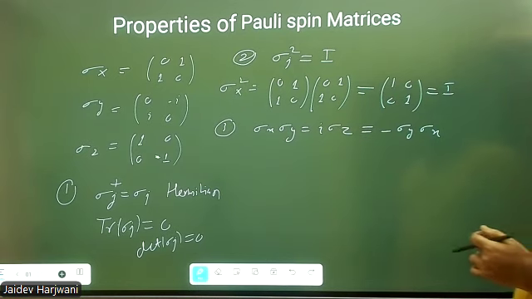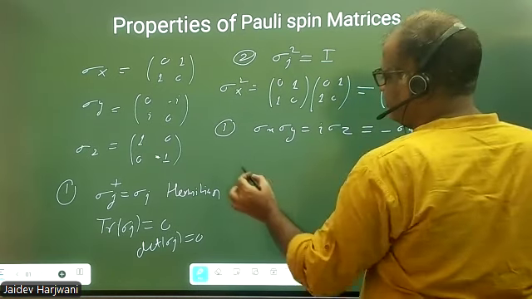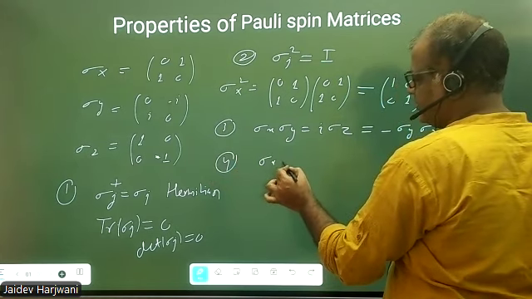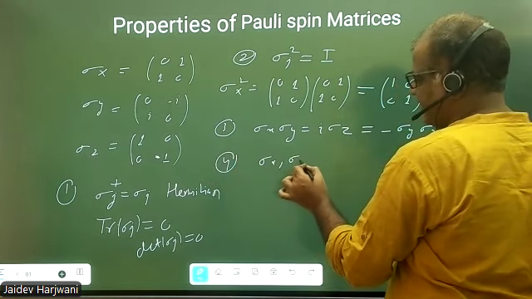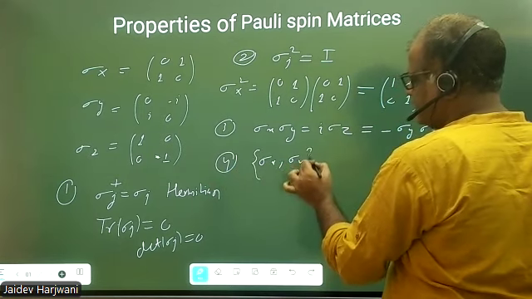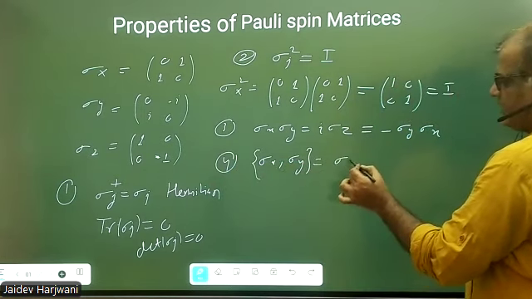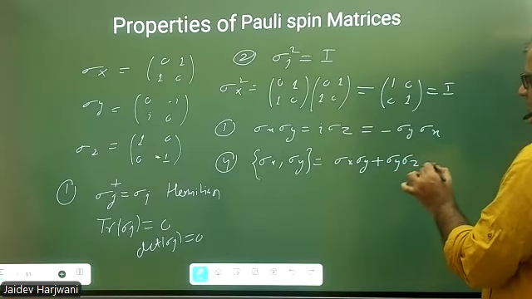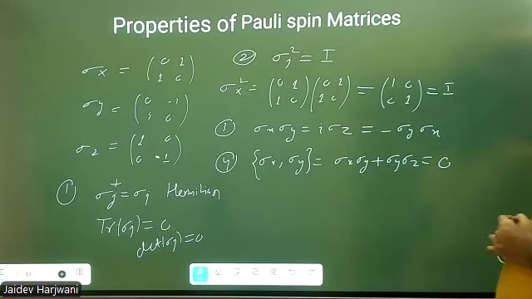That means if you take the anti-commutator of sigma i and sigma j, that is sigma x sigma y plus sigma y sigma x, it is equal to 0. The anti-commutator of sigma i sigma j is 0.